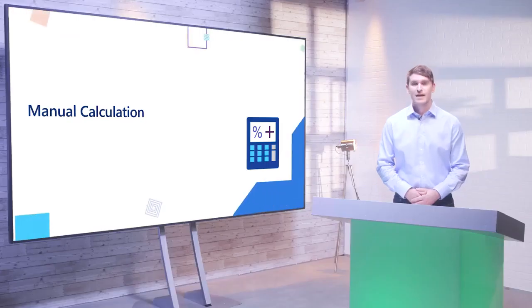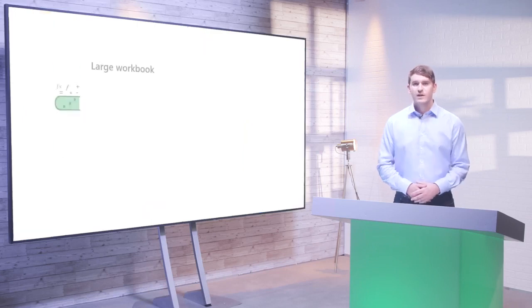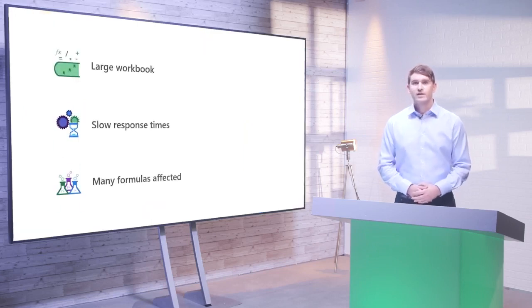By default, Excel workbooks will calculate the results of formulas automatically. Occasionally, you may want to switch your workbook calculations to manual recalculation so that you have more control over when formulas are calculated. Typically, you would do this if you're working with a particularly large workbook and the response times in Excel are slowed when you change a value and numerous formulas calculate the results of this change at the same time.